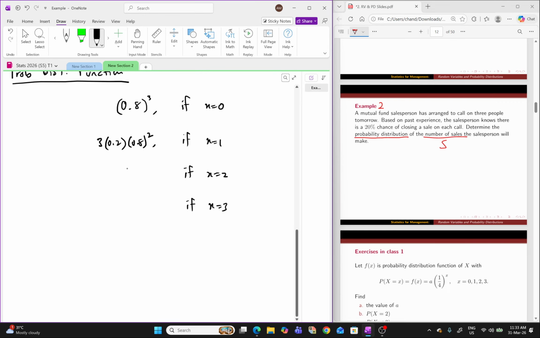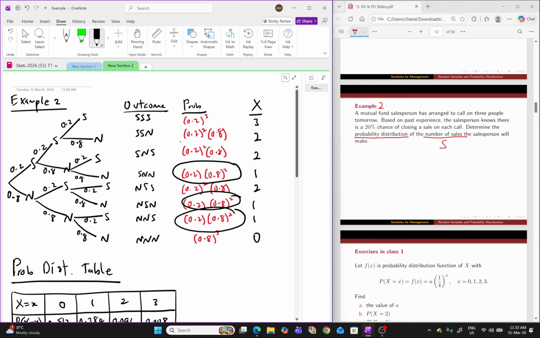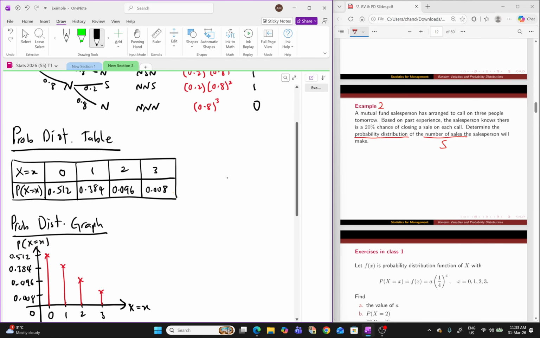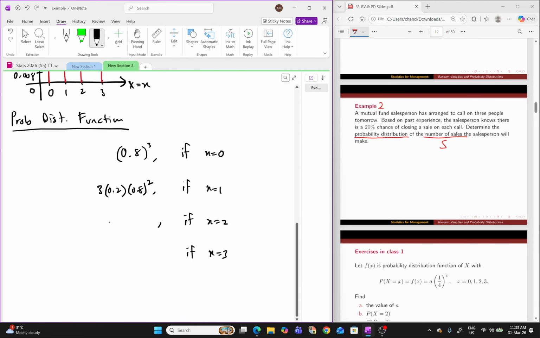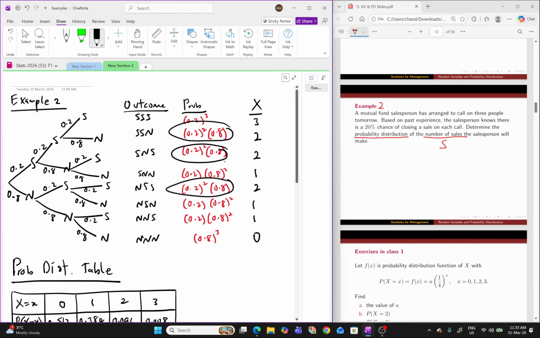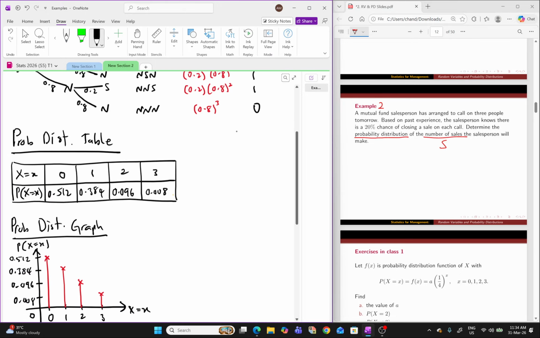So multiply by 3. If 2, the pattern is like this: 0.2, 0.8. The square is here, you multiply by 3 just now. And the last one is 3, that would be 0. How much? 0.2, isn't it? 0.2.